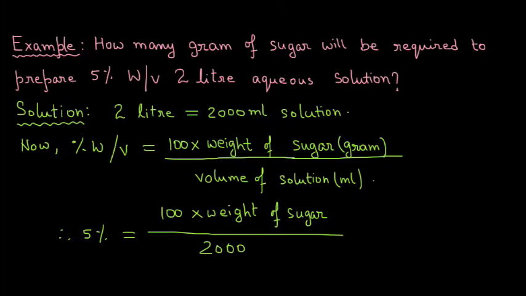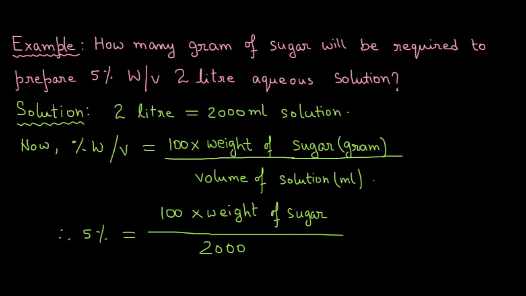To get a clear understanding, let us solve one example of this concept. How many grams of sugar will be required to prepare 5% W by V 2 liter aqueous solution? So 2 liter means 2000 ml solution. Now the percentage W by V formula is 100 into weight of the sugar in gram upon volume of the solution.